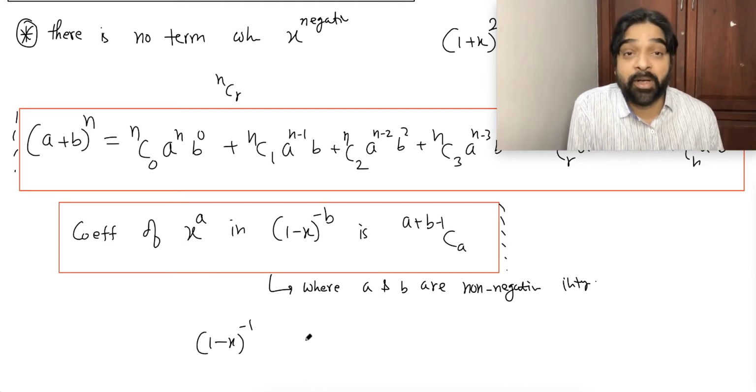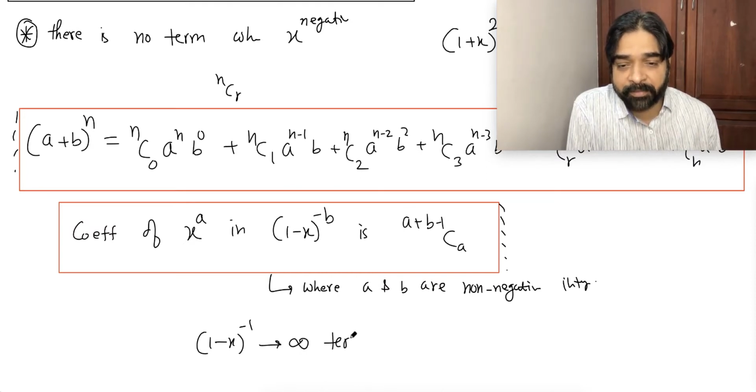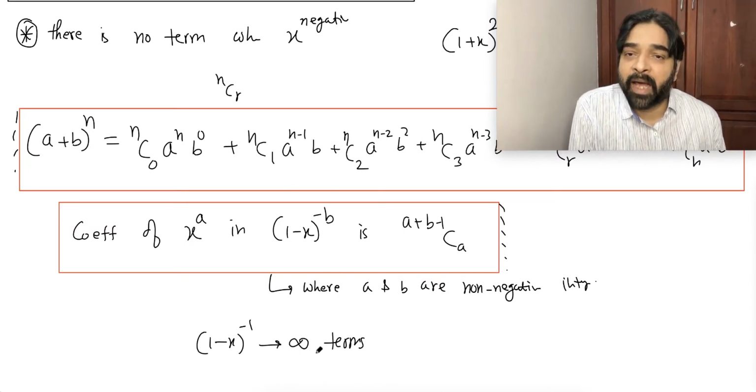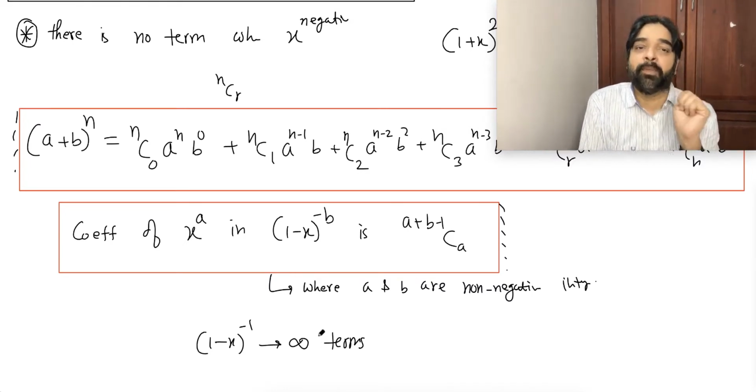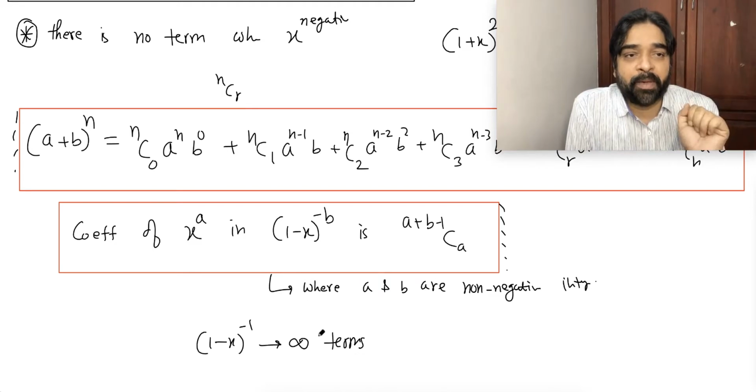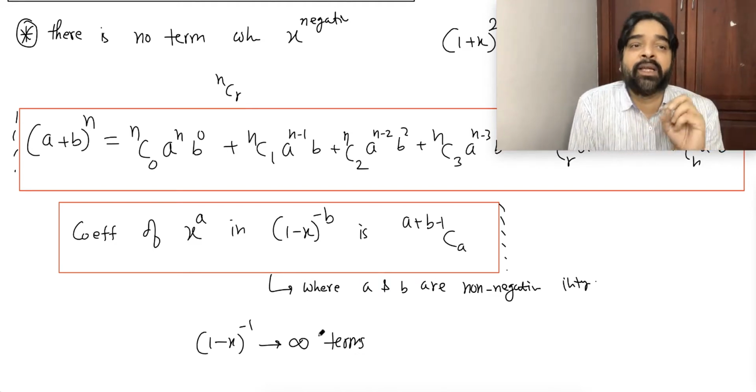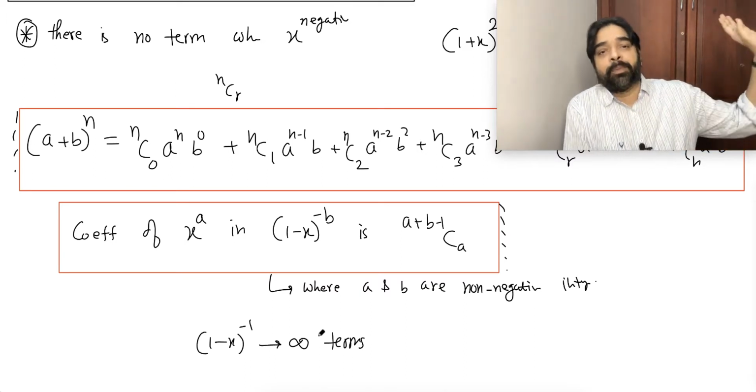You say it's not a polynomial. Even if it's not a polynomial, it can be expanded, and it will have infinite terms, with every positive power of x: the constant term, x power 1, x power 2, x power 3, going up to infinity.